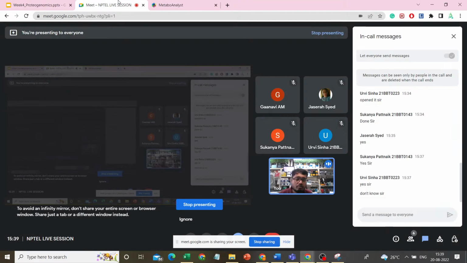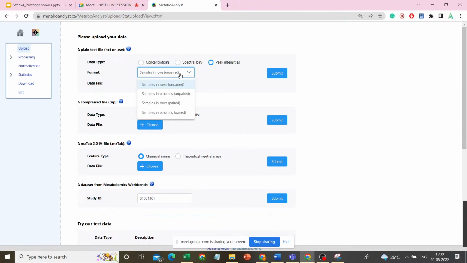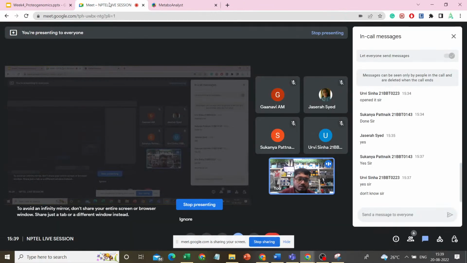So once you have opened it, now we are taking it as that these are not paired samples. So you all know what is the meaning of paired and unpaired samples. So any one of you, if you have done a statistics class, paired t-test and unpaired t-test, when you perform paired t-test and when you perform unpaired t-test, any one of you?